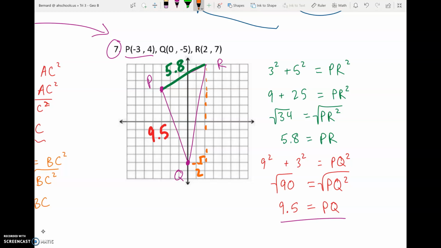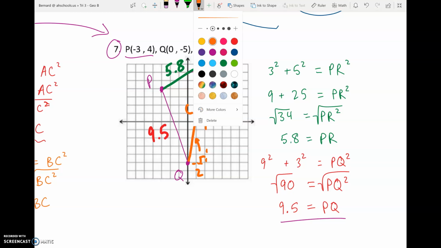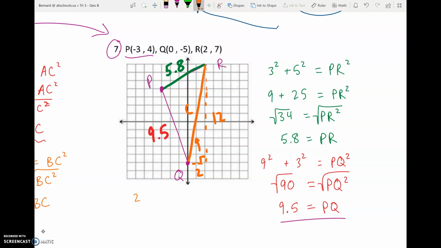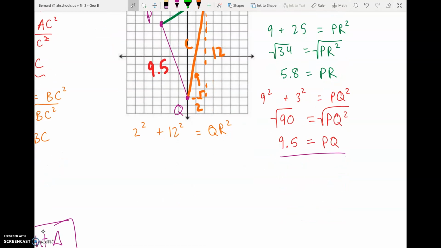Up and down, it looks like is 1, 2, 3, 4, 5, 6, 7, 8, 9, 10, 11, 12. It's pretty long. And so our side QR, that's going to be our C this time. So we square 2 and 12, and then square root. 2 squared plus 12 squared equals our QR squared, which is 148. And then we just got to square root it, and that'll tell us what QR is. Square root of 148 is roughly 12.2.